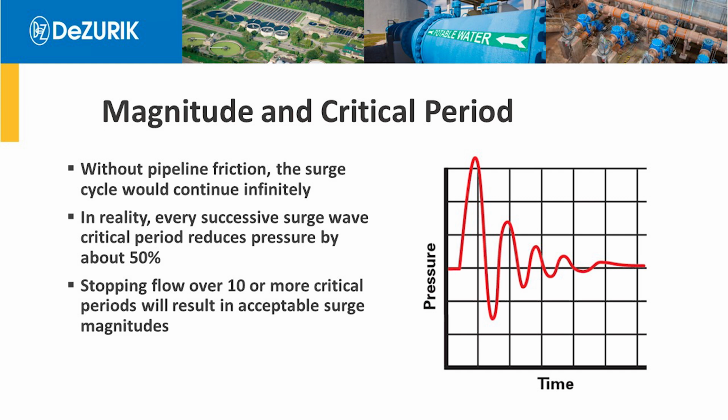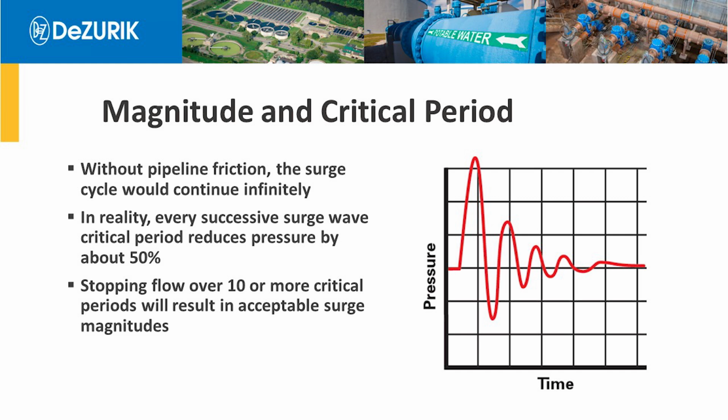If I stop the flow in an additional critical period, and we now do that in 10 seconds, I cut the pressure in half. I reduce it to 500. If I add another critical period and go to 15 seconds in decreasing or increasing the fluid velocity, I cut the pressure in half again, from 1,000 to 500 to 250.